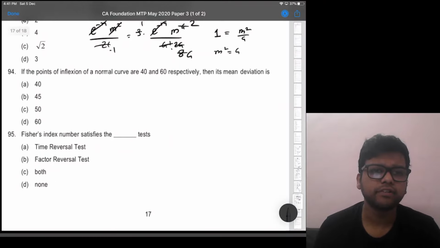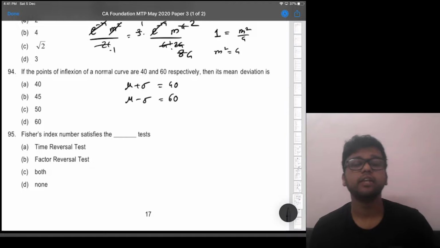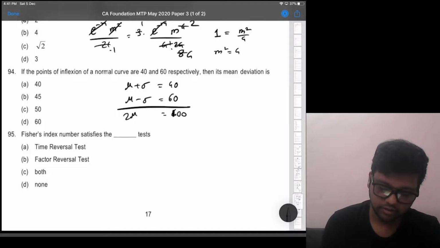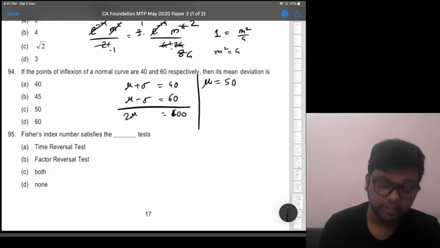If the points of inflection of a normal curve, points of inflection are mu plus sigma and mu minus sigma, are 40 and 60 respectively, then mean deviation is, okay. If we add it, 2 mu is equal to 100, that means mu is equal to 50, just like the question above. And sigma will be what?